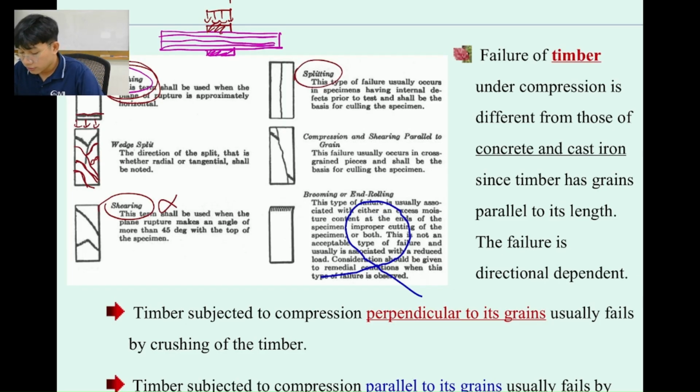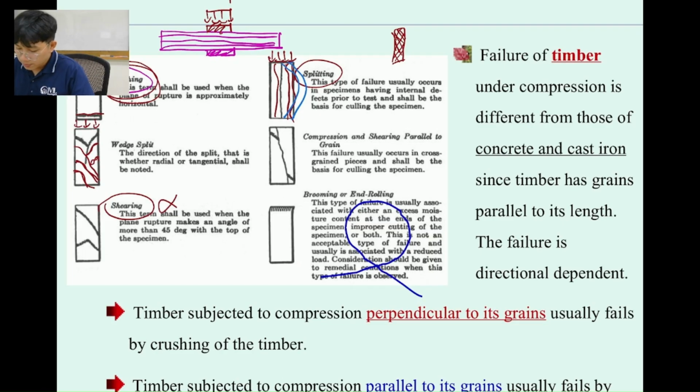But the one you usually see is splitting, when you test it parallel to the grain. This one is going to split the grain, because the grain is like plates put together. When you press it, and if one plate cannot resist, it's going to push to the side. Okay, so it's going to fail like this by splitting out like this.